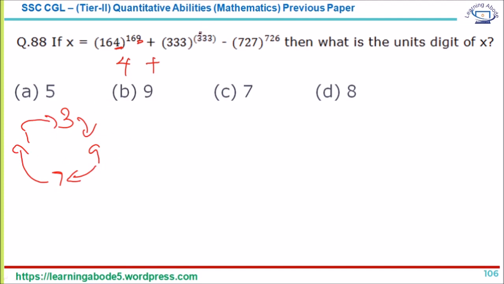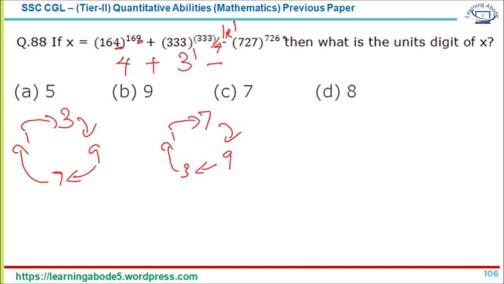So what we have to do is divide the power by 4 and look for the remainder. The remainder is 1 here, which means the unit digit will be the same as 3 power 1, because it's a cycle of 4. Minus 7 power something: again for 7 also it's a cycle of 4, so 7, 9, 3, 1 and again 7.